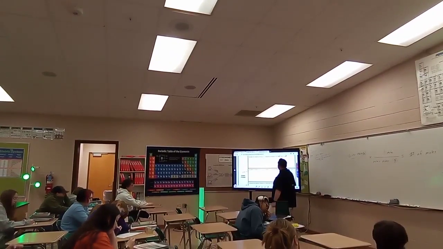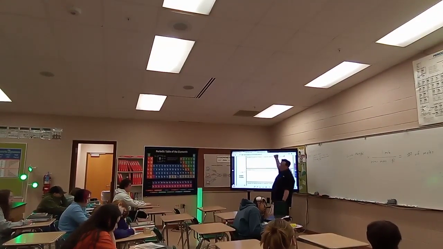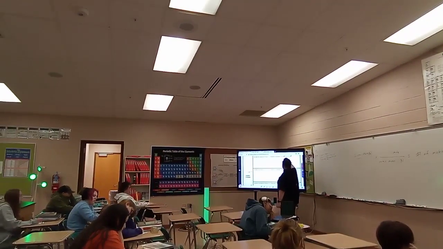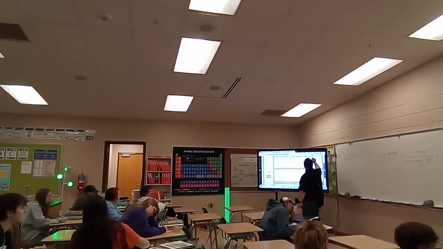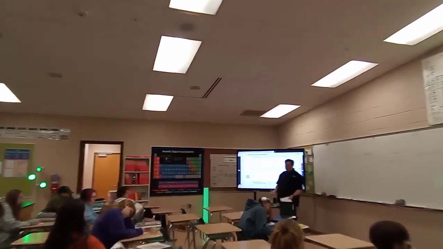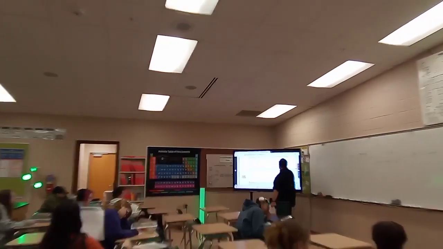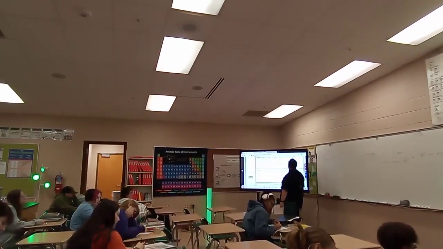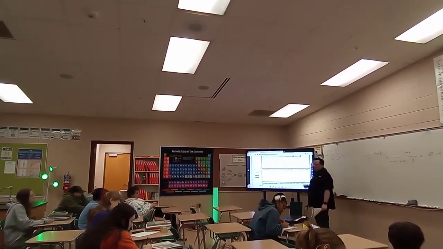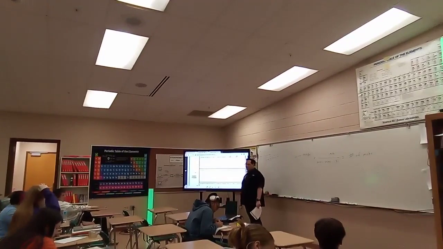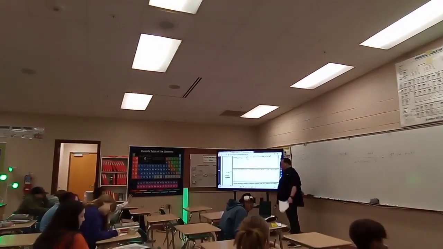Yes. So this gives me my ratio. So my ratio right now looks like this. P and then O. So then you have to multiply everything by 2. So I've got P2O5. Right? No problem. No problem.